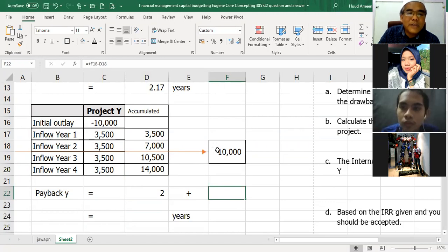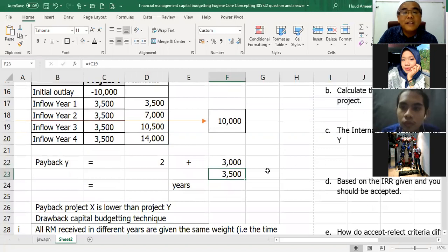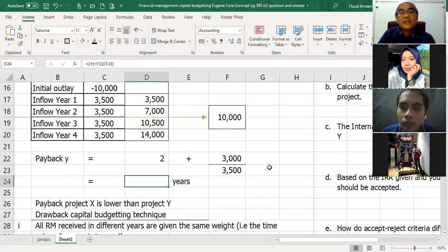How much amount to get 10,000? This is 10,000 minus 7,000, which is 3,000, and divide by the amount in year 3. Since it is the same amount, you use 3,500, and then you use the calculator to get the figure.